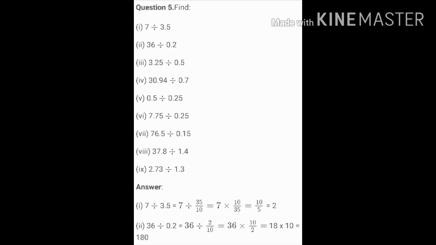Children, keep in mind you are supposed to show all the steps one by one, not in one line, but in one different line. Here are 9 parts given. This is the last question of the exercise. This way your exercise is over and also chapter 2 is over.